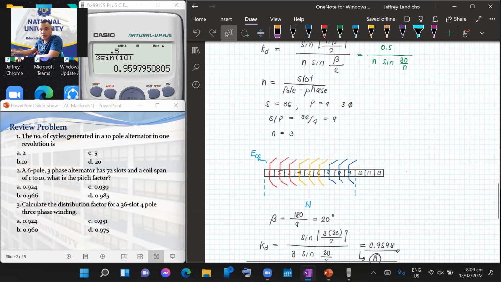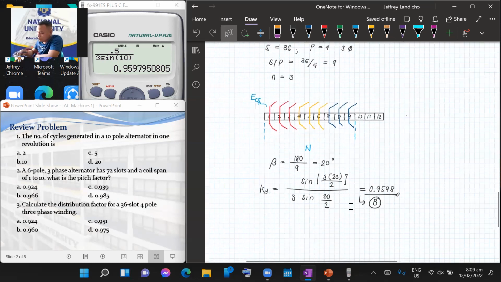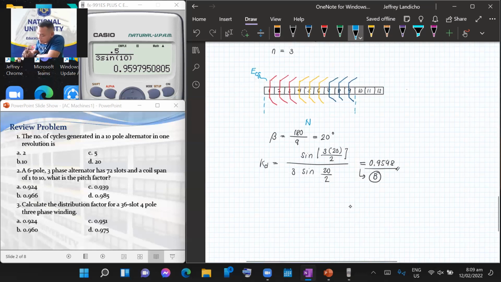That is 20 kasi this is one slot only, which is equivalent to 20. Ito ating third coil na yan, ilang slots ang pagitan niya simula sa ating reference? Dalawang slots. So, dalawang slots, ilang electrical degree? So, that is 40. Nakuha ka ba? So, therefore, the corresponding distribution factor, KD, pwede natin gamitin ito as 1. Okay.